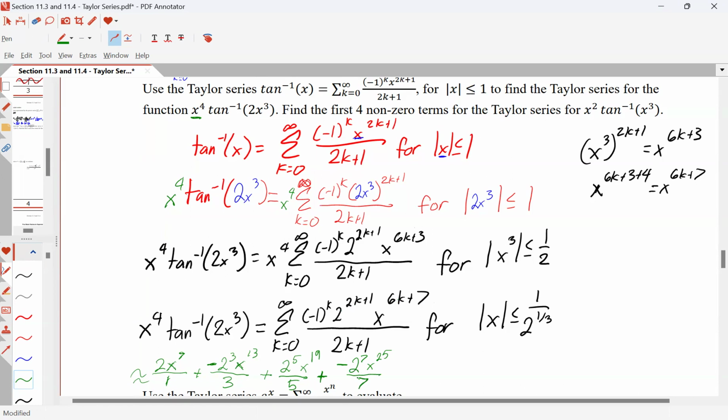So there are the first 4 non-zero terms of that Taylor series. That polynomial written there, kind of ugly, but a polynomial nonetheless, would be almost the same as working with x to the 4th tangent inverse 2x cubed.